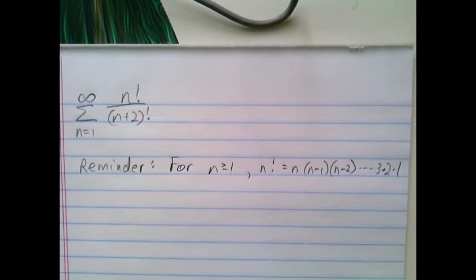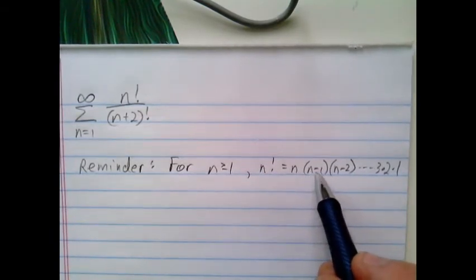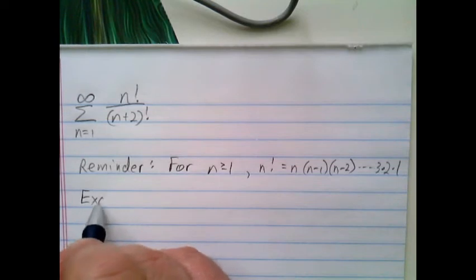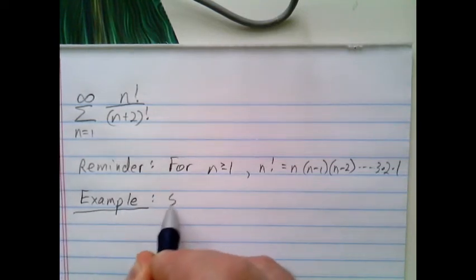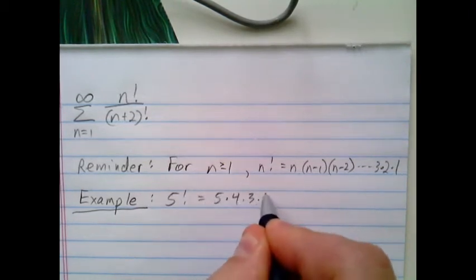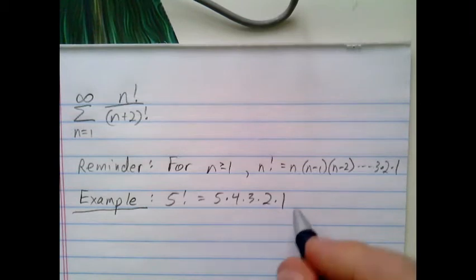So the factorial of a number is really just the product of that number and all of the positive integers that are less than or equal to that number. As an example, 5 factorial would be 5 times 4 times 3 times 2 times 1. So 5 times 4 is 20, times 3 is 60, times 2 is 120.